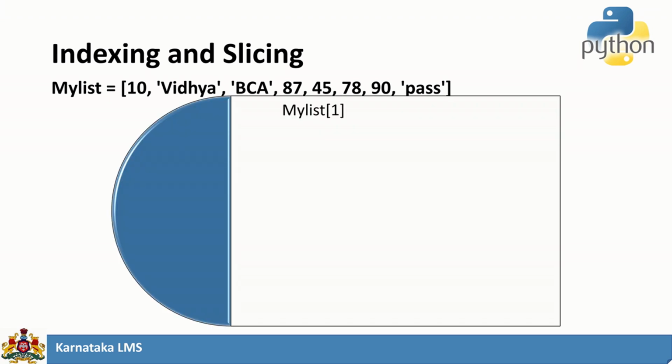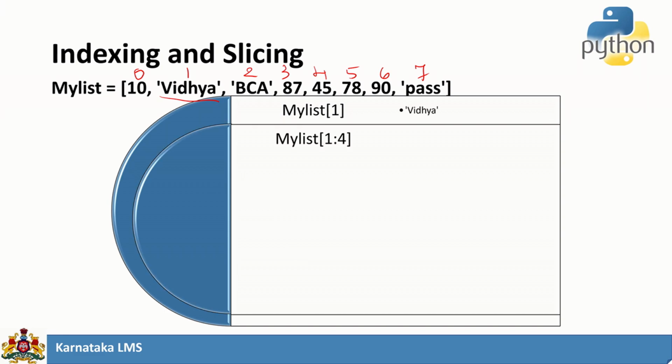Here, if I want to print my list of 1, it will give the value Vidya because the index starts from 0. So it is 0, 1, 2, 3, 4, 5, 6 and 7. So totally we have 8 elements, from 0 to 7. So my list of 1 will give the answer as Vidya.